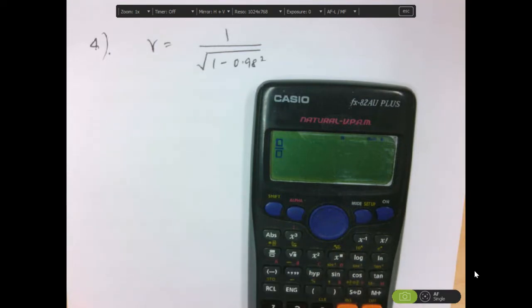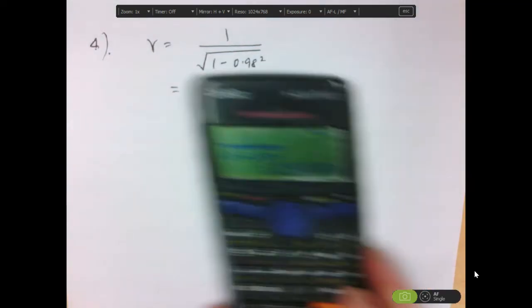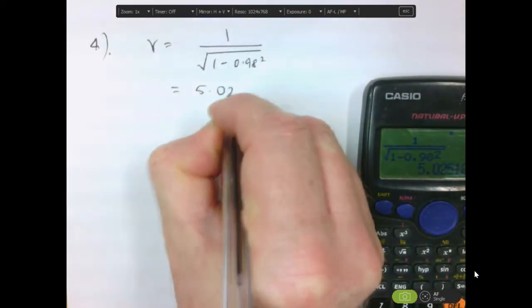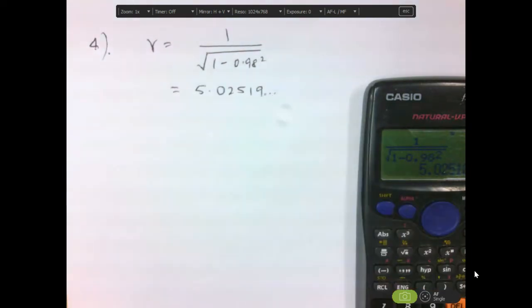Let's try it again. 1 over the square root of 1 minus 0.98 squared. Third time lucky. Good. So this gives us a gamma of approximately 5.25. Actually, 5.02519. There are more digits there.